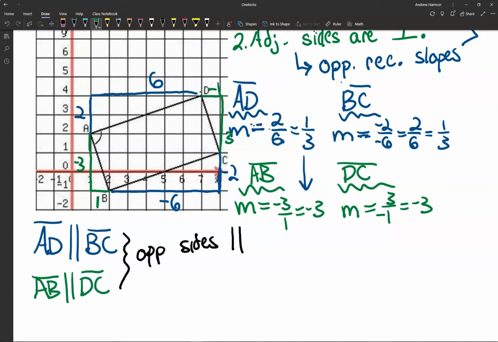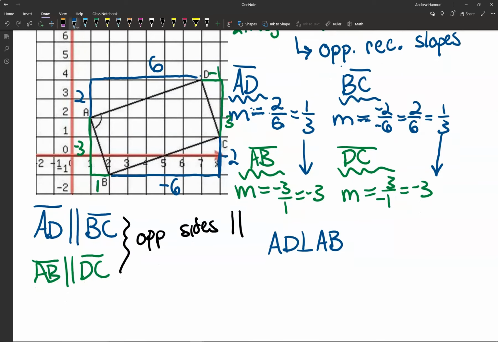So we can say that AD is in fact perpendicular to AB. And then if we compare BC to DC, again, the two consecutive sides or adjacent sides, 1/3 to -3, those are also opposite reciprocal slopes. So BC is in fact perpendicular to DC.